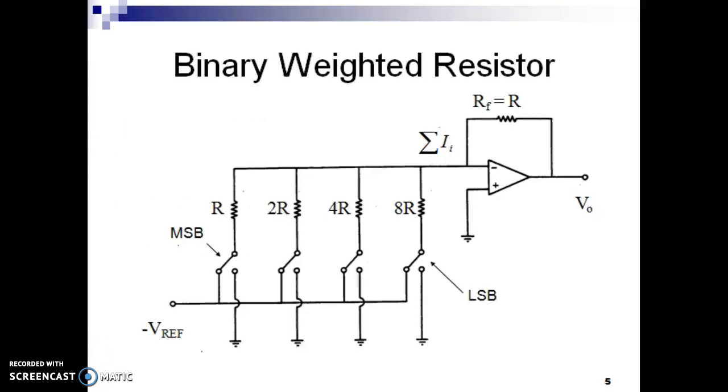One method for converting a digital signal into an analog signal is the binary weighted resistor method, and we showed how to convert binary digital data into the corresponding analog voltage using an operational amplifier and a series of weighted resistors.